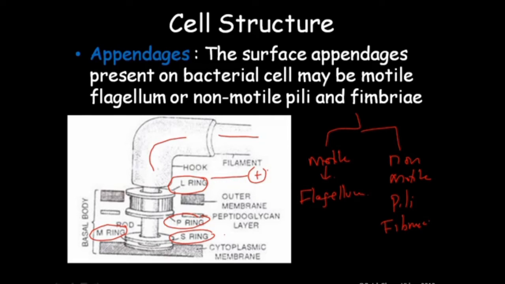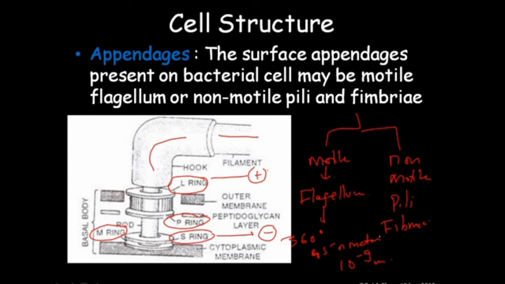Now in gram-negative bacteria, only the S and M rings are present. The flagellum has the ability to rotate 360 degrees, which helps in mobility of the cell, and it is around 45 nanometers. Nanometer means 10 to the power -9 meters.